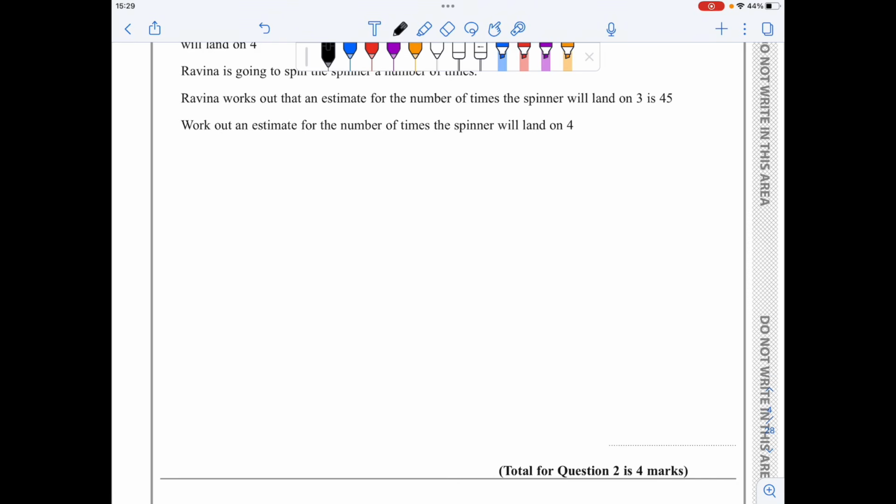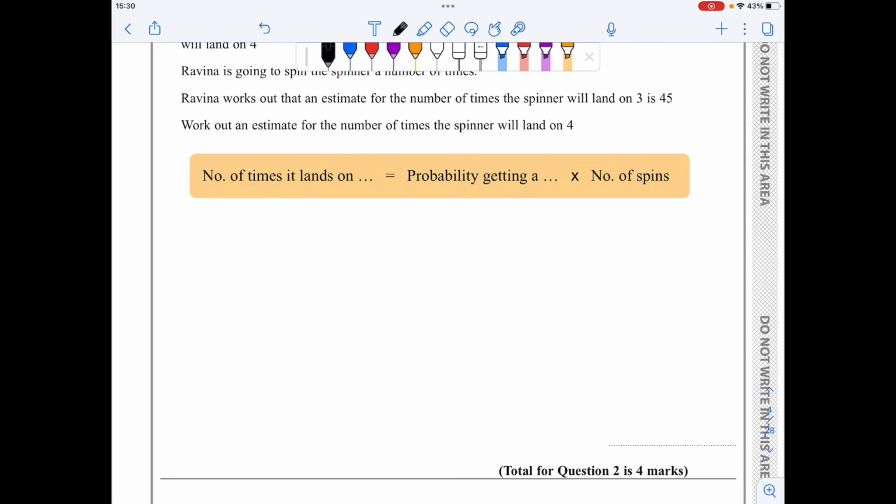Then I'm going to use the following formula. The estimated number of times it lands on any number is equal to the probability of getting that number times the total number of spins. And I'm going to do this twice, once for 3 and once for 4. So using the formula for number 3, 45 times is the estimate.